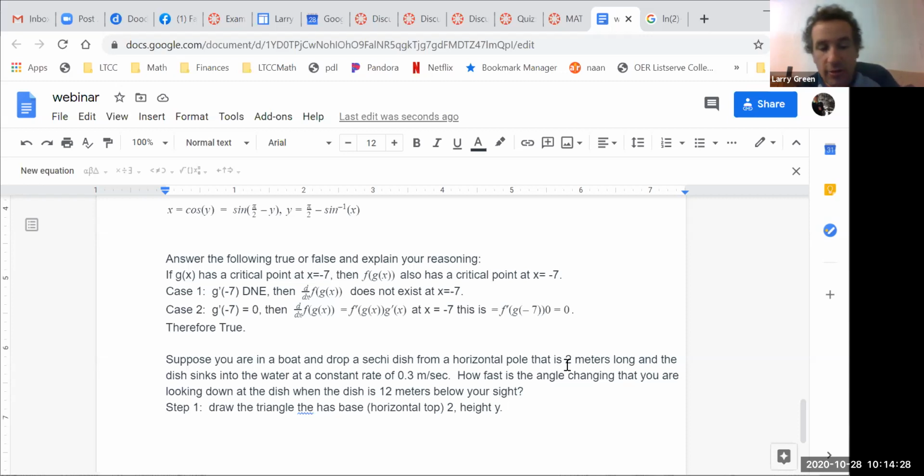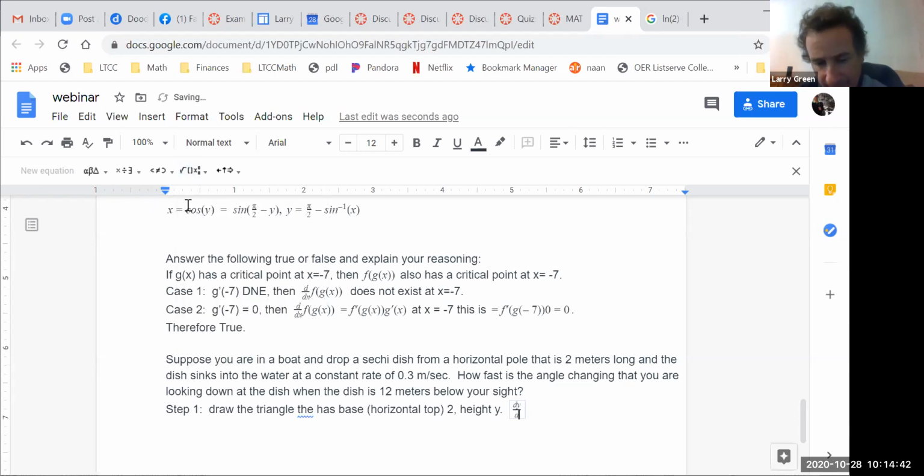And notice, by the way, that we know that dy/dt is equal to 0.3, because that's given.